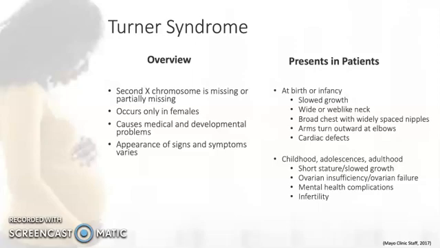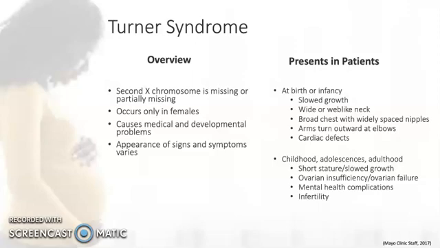The onset of signs and symptoms varies, along with the type of signs and symptoms, in each individual. So working in a setting with patients who may have Turner syndrome, it's really important to be able to identify some of the main signs and symptoms that could indicate the patient or client having Turner syndrome.